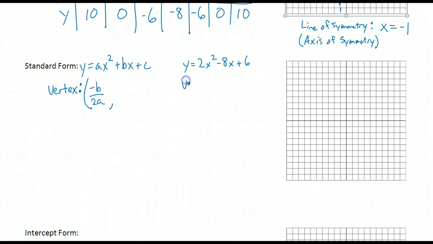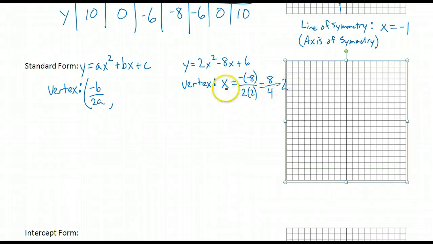For our example, I'm going to find that x value of our vertex. X is going to equal a negative 8 divided by 2 times 2. So we have the opposite of negative 8, which is 8, divided by 4. And 8 divided by 4 is 2.